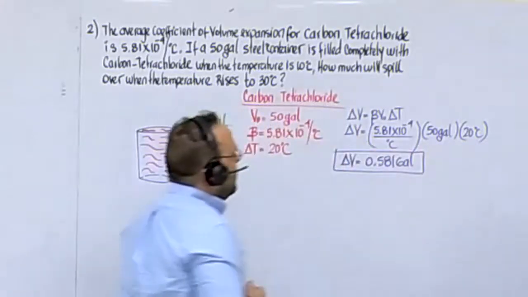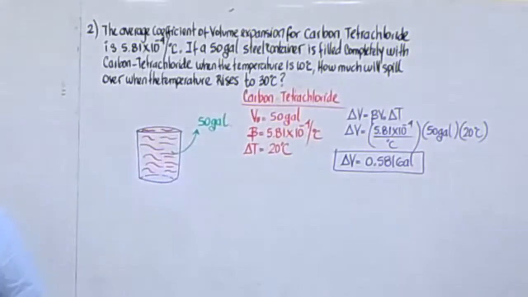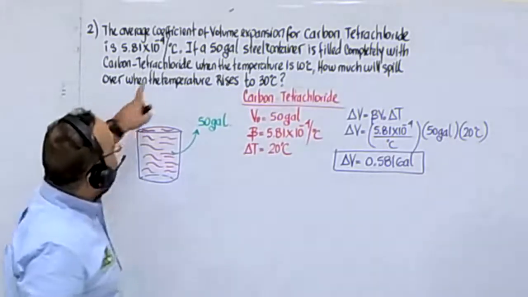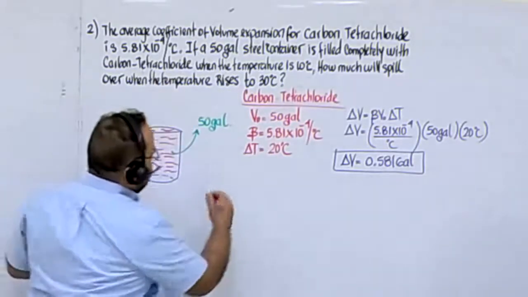Okay, but this is not the answer. Why? Because we're looking for the change of volume of only the liquid. But remember, this liquid is inside of the container, and the container is made of another material. That material, the container, will be steel.